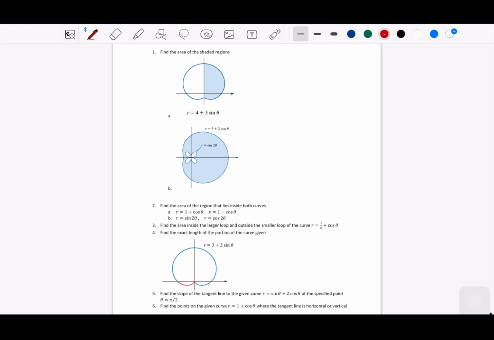It depends on the function. Like for example, number 2, find the area of the region that lies inside both curves. So we have two polar curves, and then it says all the area inside both of these two. Or there will be another type of question, maybe inside the first one, but outside the second one. It depends on the question.